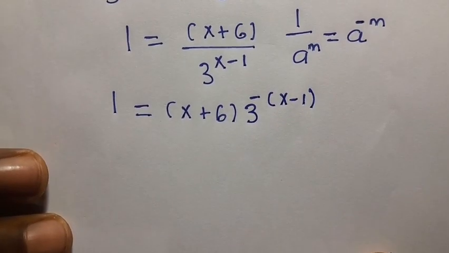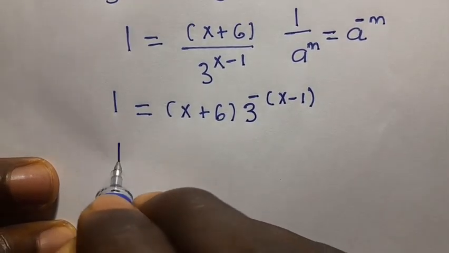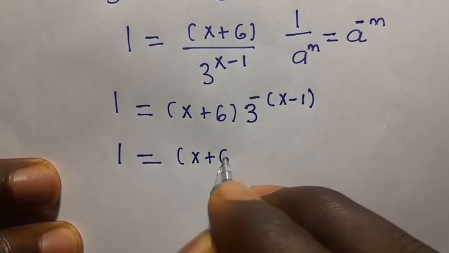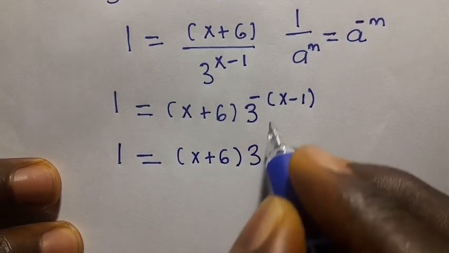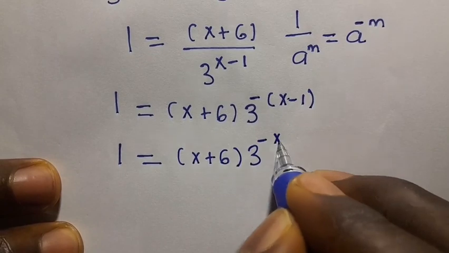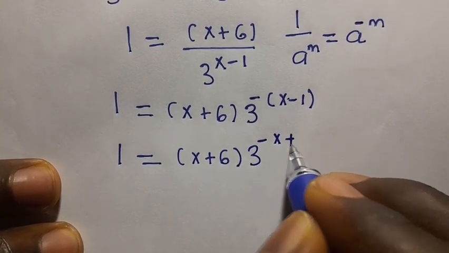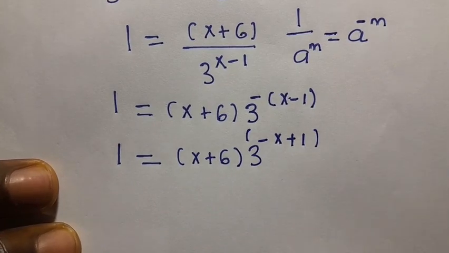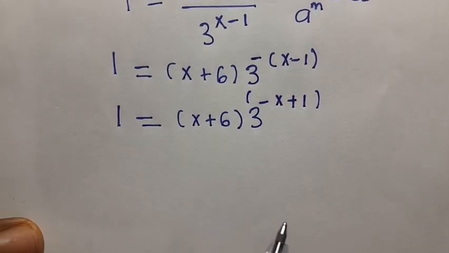Now from here, we are going to have 1 equals x plus 6, then 3 raised to power, using this to open the bracket, minus x plus 1. So now from here, let's rearrange.